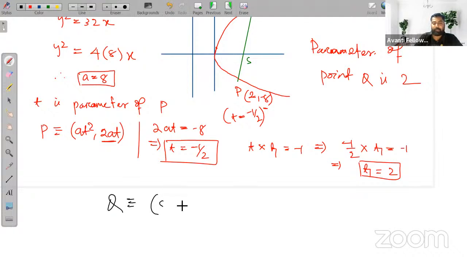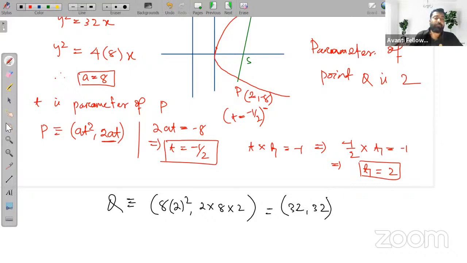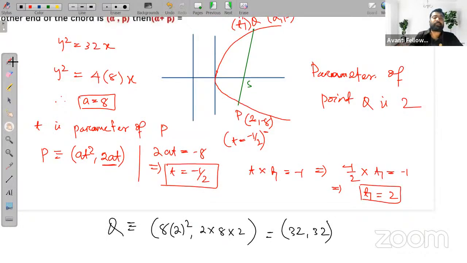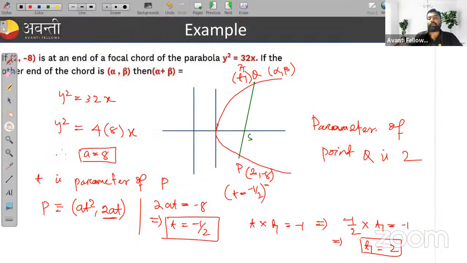What is the value of a? 8. So 8 into 2 square, 2 into 8 into 2, so it becomes 32. So the coordinate of Q we are getting is 32.